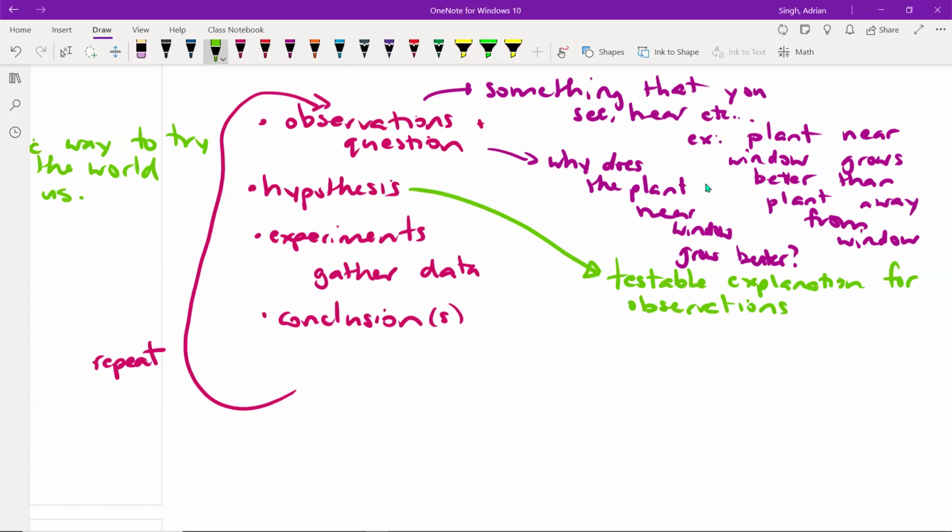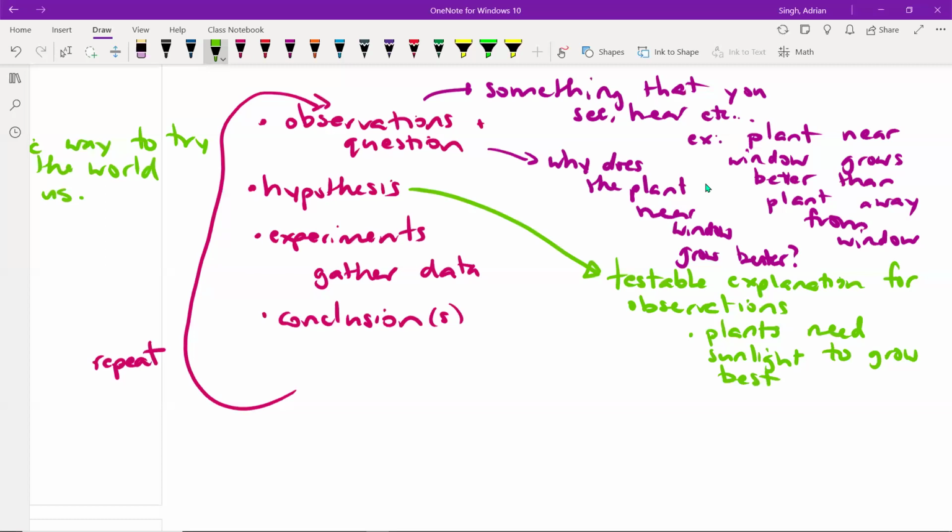Okay, so for example, a possible explanation for that observation would be plants need sunlight to grow best. Now, that's a fairly straightforward hypothesis. Can we test it? Actually, we can.